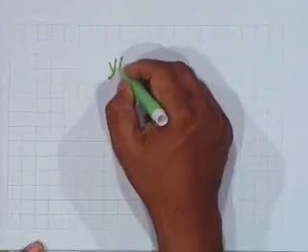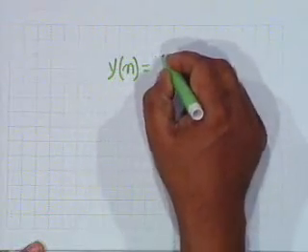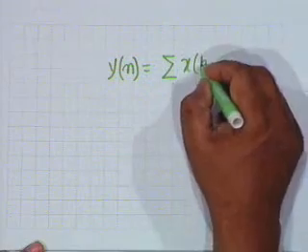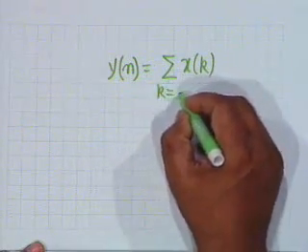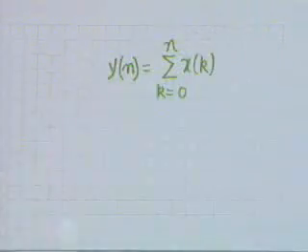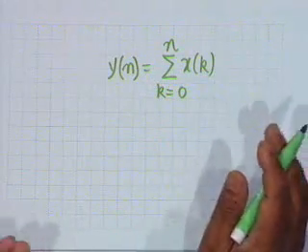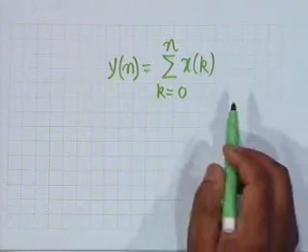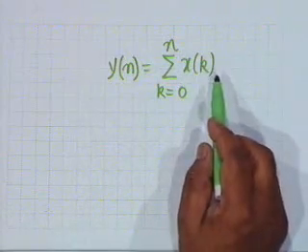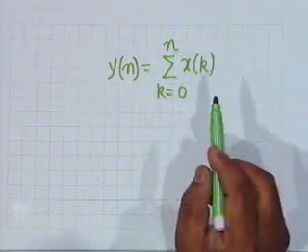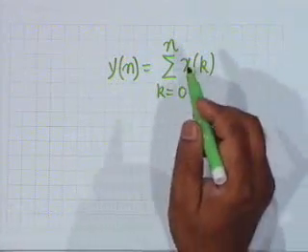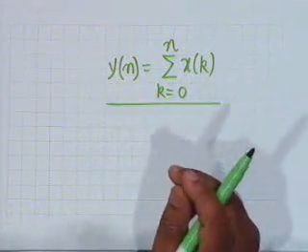Let me give you a quick example. You recall the system y of n equal to summation of x of k, k equal to 0 to small n. You remember this equation. This is a linear system, and it's an invertible system. Now, would you call this FIR or IIR?